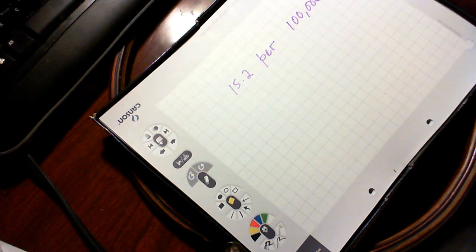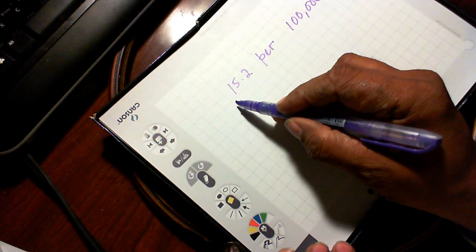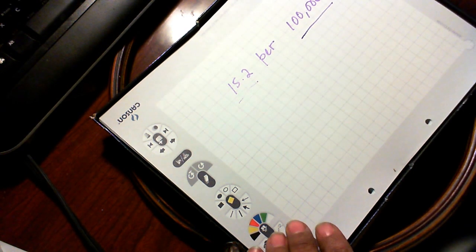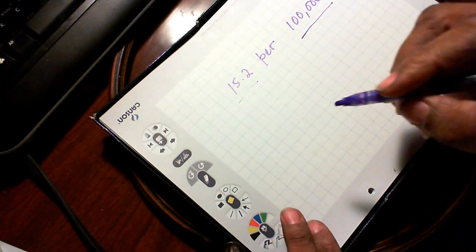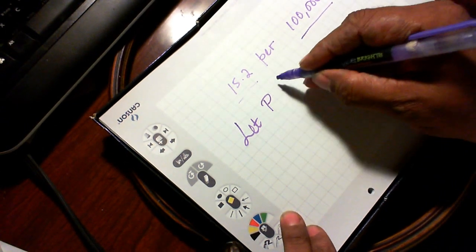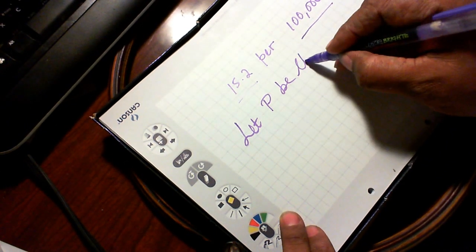Okay. Remember, what do we have? We have 15.2 per 100,000 people. Now, we don't know what the population is, so we're going to let P be the population.